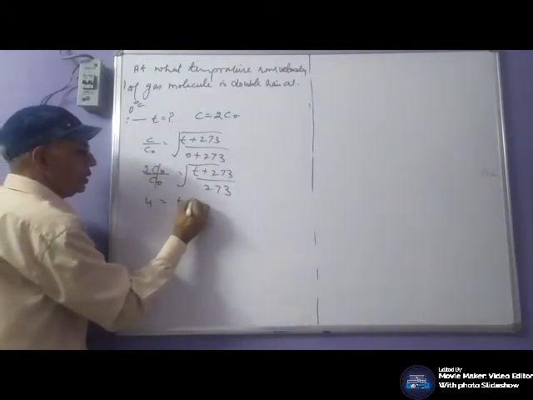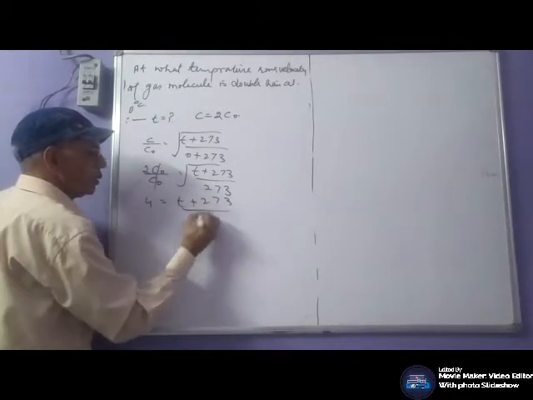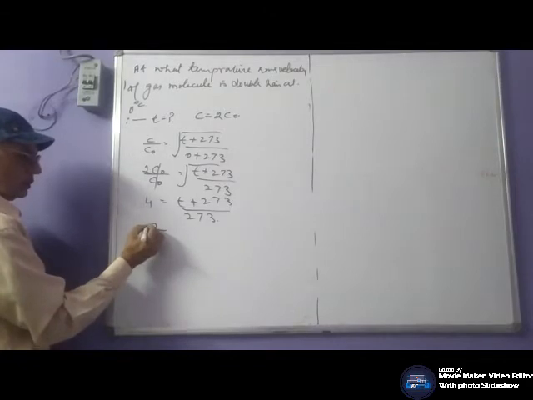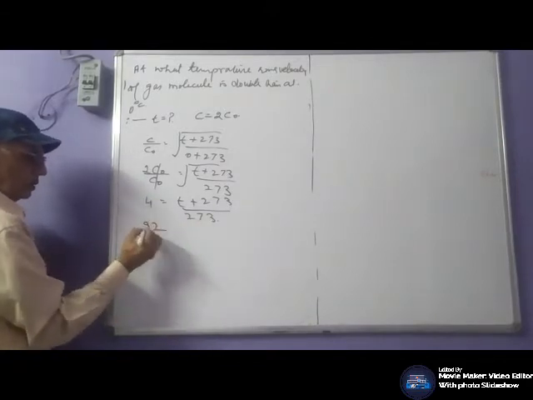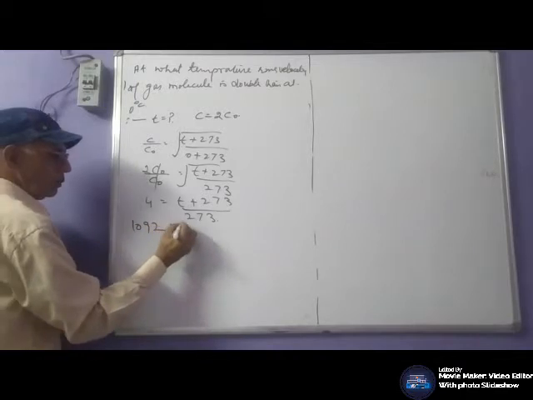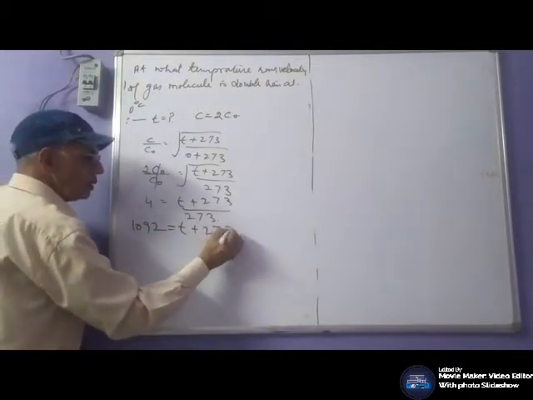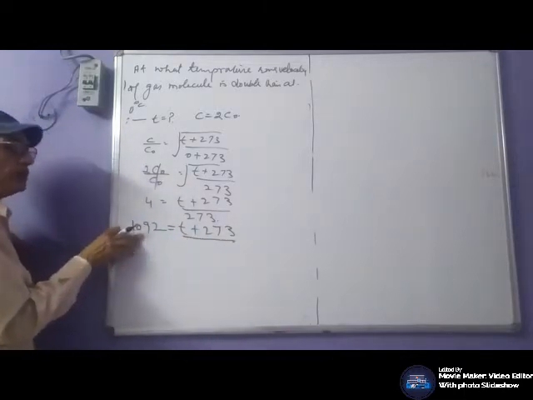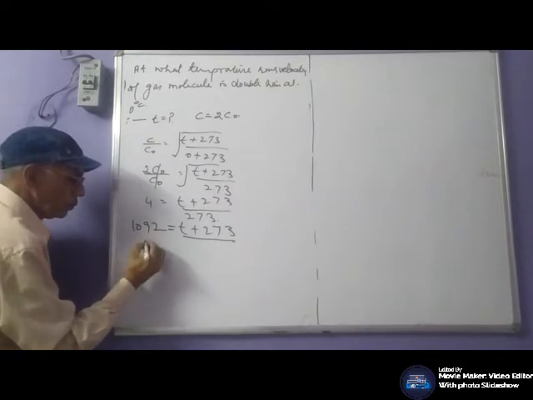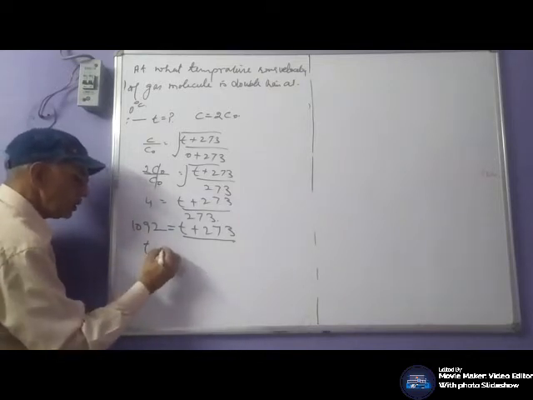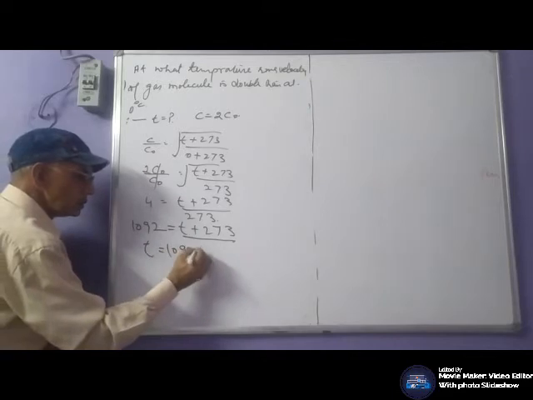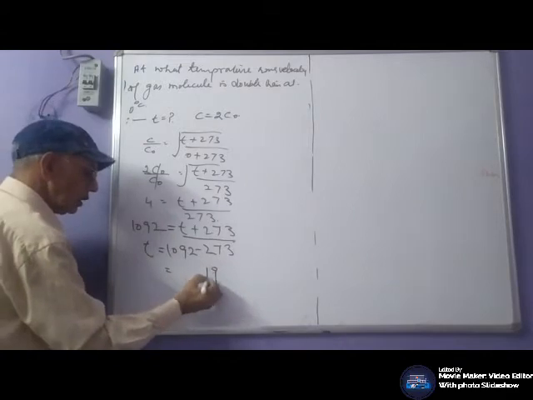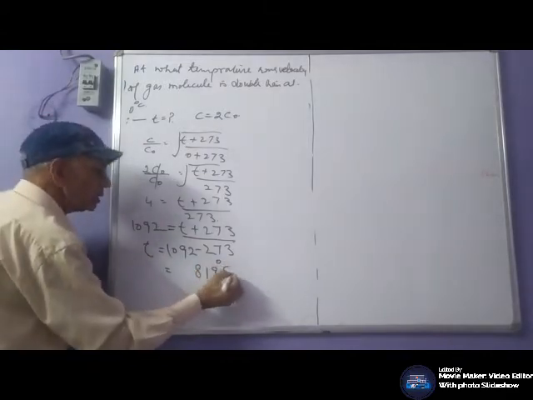Squaring, 4 = (T + 273)/273. Cross multiply, so this is capital T, the temperature in Kelvin. But it is in Celsius, so T is 819 degrees Celsius.